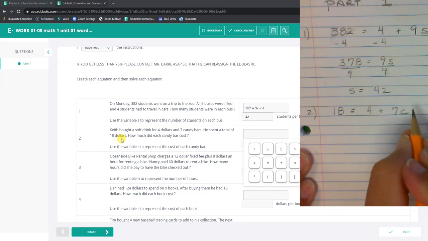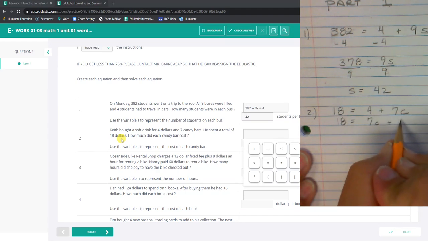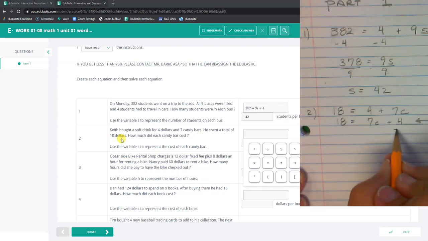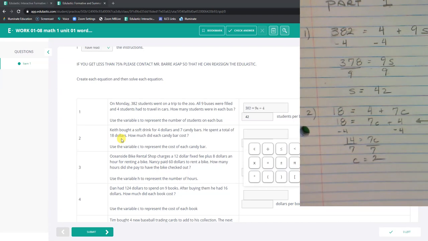C for number of candy bars. And Edulastic is probably going to like it like this better: 7C plus 4. So we'll probably use that one right there. And let's solve it. So I'll subtract 4. Subtract 4, 14 equals 7C, divided by 7, C equals 2.